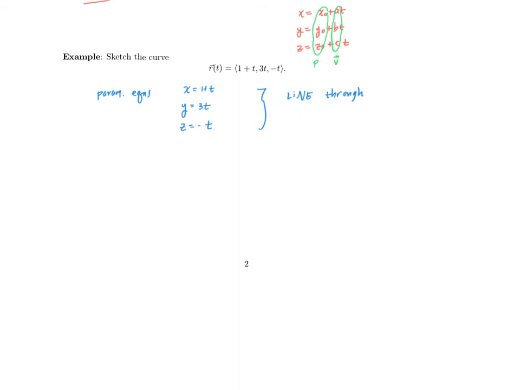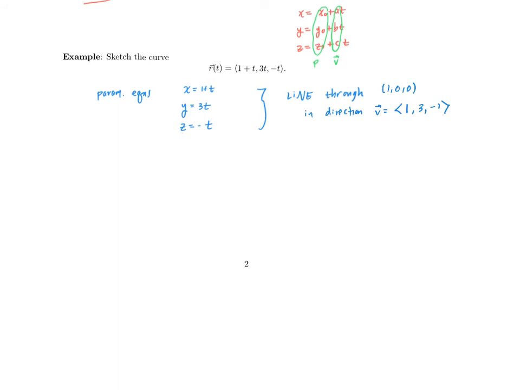So in our case, the point will be given by the numbers which are not in front of the t quantities. So the point that we go through would be 1, 0, 0, and it goes in the direction v, which is given by the coefficients respectively of t in the x, the y, and the z parametric equations.